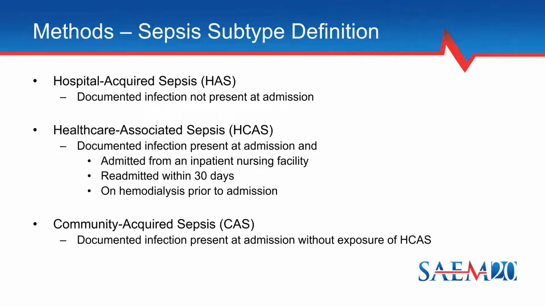And the third type is community-acquired sepsis. In this case, the documented infection is present on admission, but the patient does not have to meet the conditions of healthcare-associated sepsis.